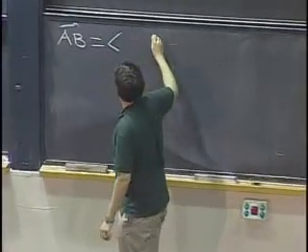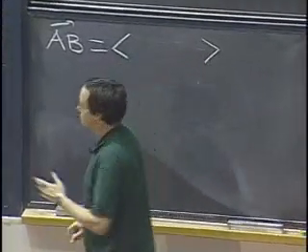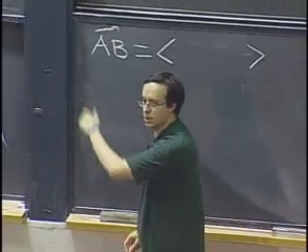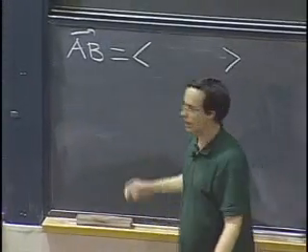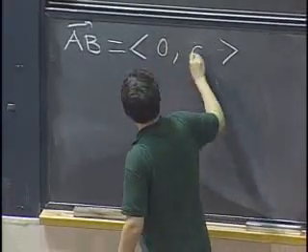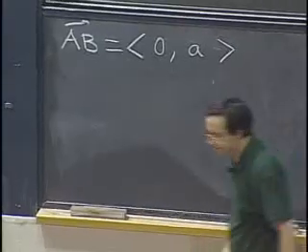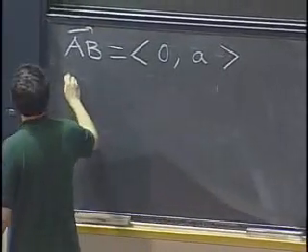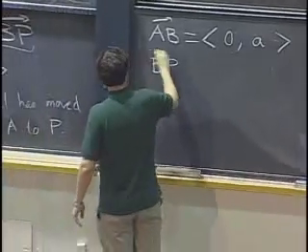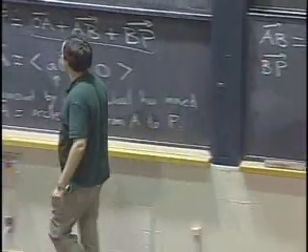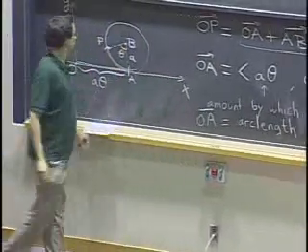Because it's pointing straight up, and its length is A. So it's just 0, A. Okay. Now, the most serious one we've kept for the end, what about vector BP?